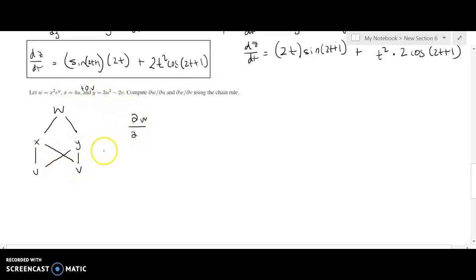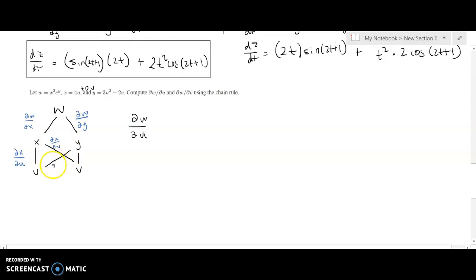So I'm going to write this relationship here, and we're going to now want to compute dw/du. So if we think about what all of these derivatives are, we're going to have the partial of w with respect to x, the partial of w with respect to y, and then we're going to use partial operators here because x is dependent on two variables, u and v, so we'll have dx/du and dx/dv.